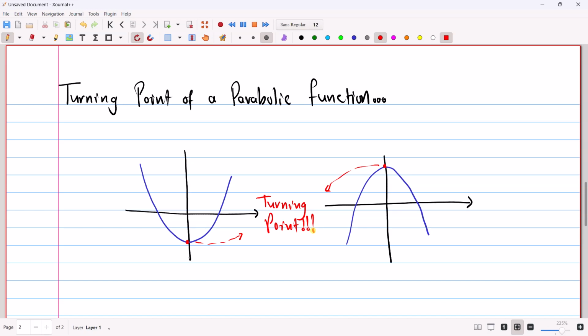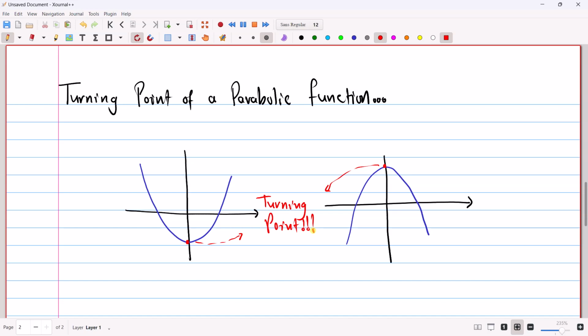The technique of completing the square can be tested in many different contexts, like when you're doing paper 2, the circle, where you need to know the center of a circle. So we'll just practice that method in accordance with the turning point, so that we can see, if you complete the square, how you can extract the coordinates of a turning point of a parabolic function from that new version of the equation of a parabola.